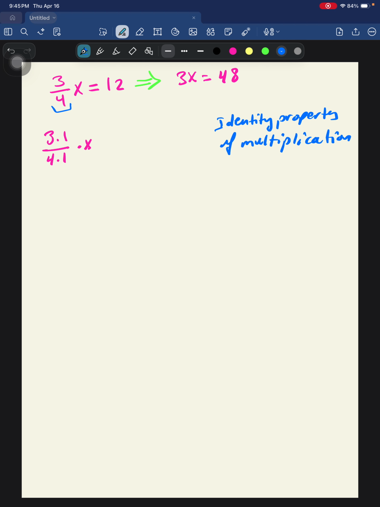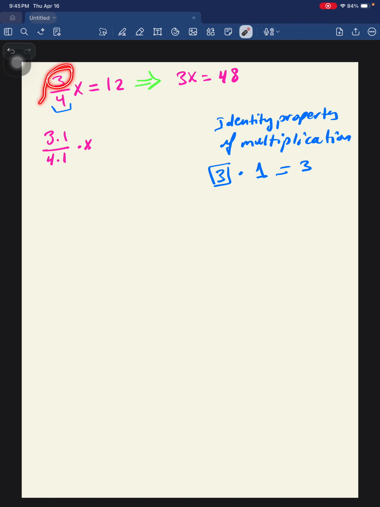In this property, if you have a number, for example 3, and you multiply this number by 1, the answer will be the same number, which is 3. That's why, when we write the 3, we can write it as 3 multiplied by 1.